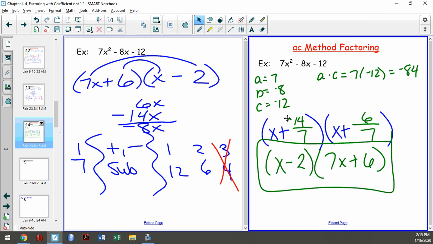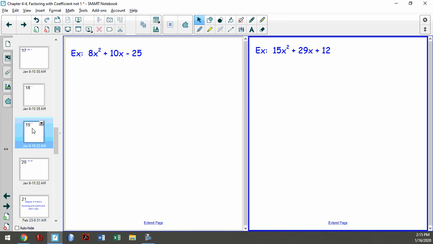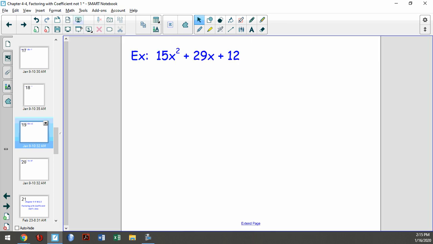Okay, I'm going to skip down to the last couple problems that I want to go over with you. Look at this one right here, 15x squared plus 29x plus 12. Okay, do I have a GCF?